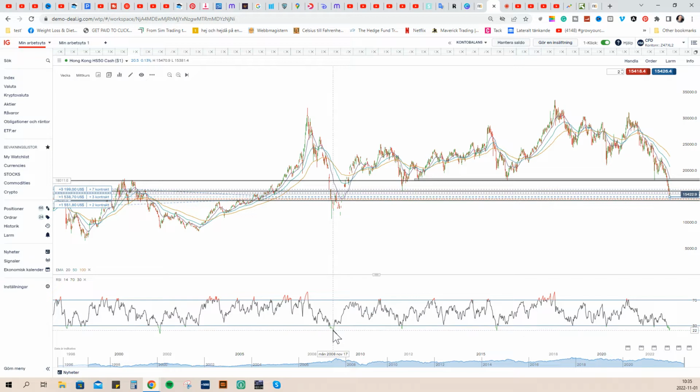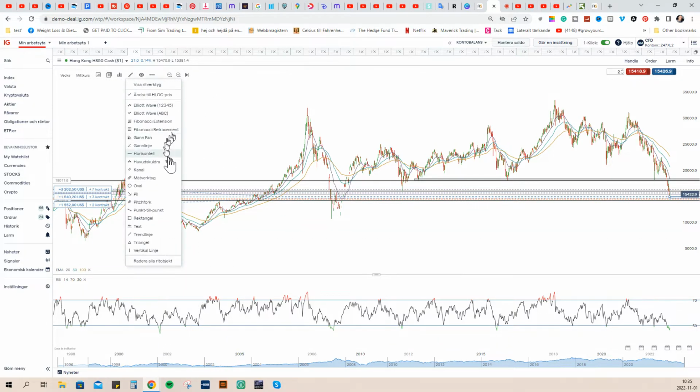Same here, below 30, went up, below 30 here, went up, below 30 here. And here we can see it took a couple of weeks for a double bottom, almost. And you can see it's a positive divergence here as well.